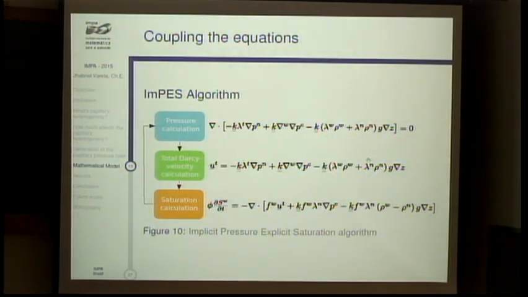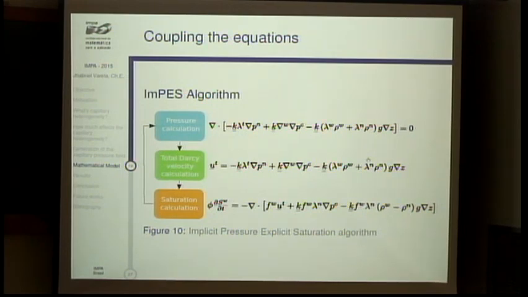In order to couple the equations, we implemented an IMPES algorithm, implicit pressure, explicit saturation. So basically, we end up with a pressure equation. We solve the pressure equation implicitly.